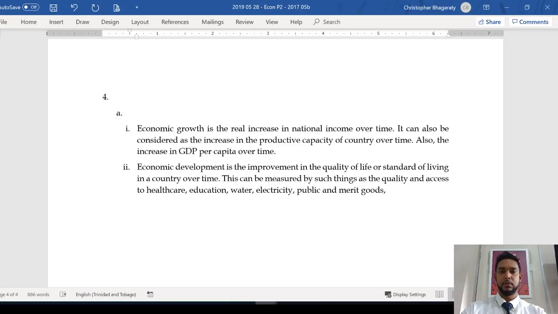Healthcare, and access to capital, and the quality and access of, what was the one? I had it just now.